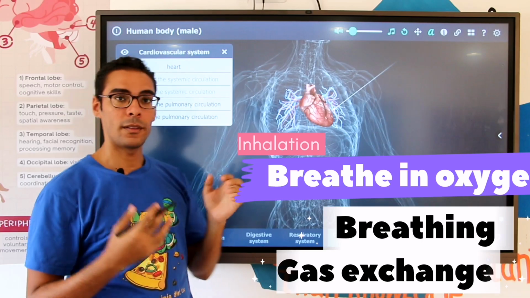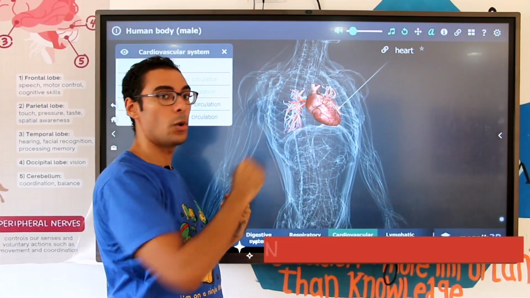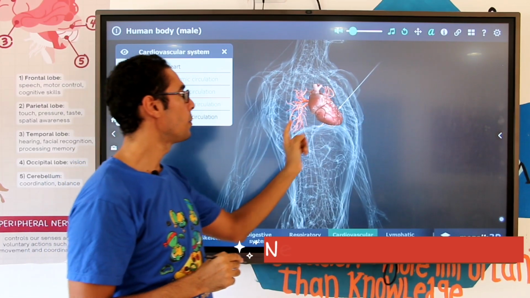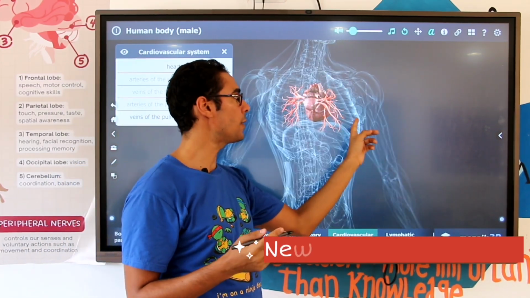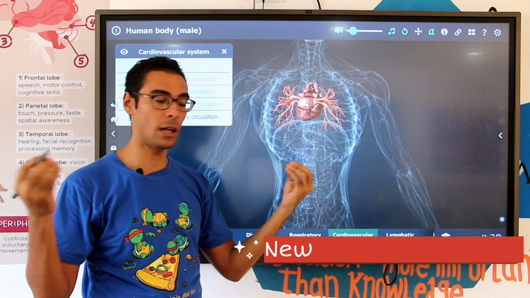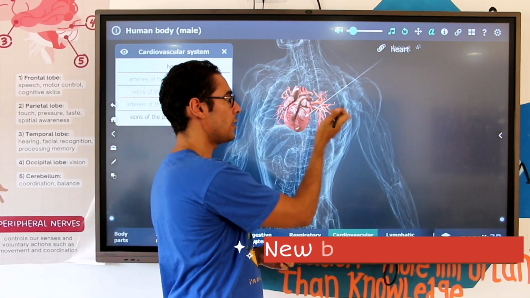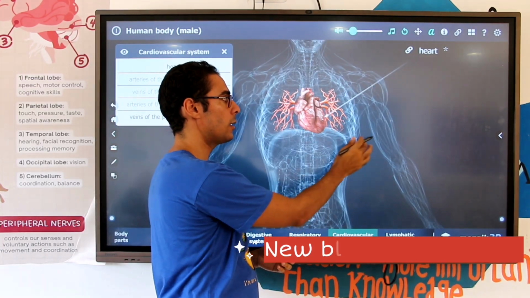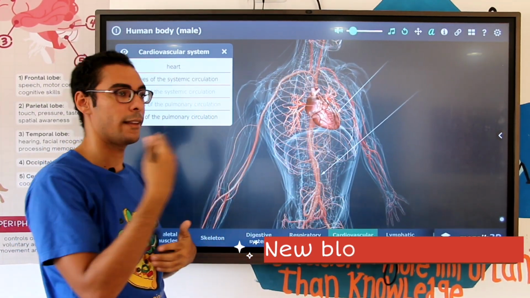But right now, the oxygen that has been received by the lungs must be delivered to the heart by pulmonary veins. It's the exceptional kind of veins. These veins are getting the blood from the lungs into the heart. So the heart right now receives oxygenated blood, blood rich in oxygen. Then the cycle starts again.